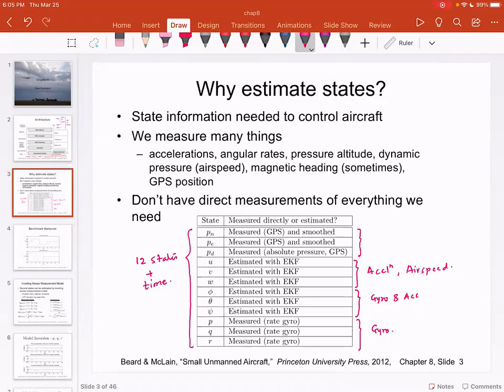So estimation is needed because, first, our sensors have errors. Second, sensors drift. Third, the measurement is not directly available. For example, if you have a measurement, say heading, it may not be directly available.